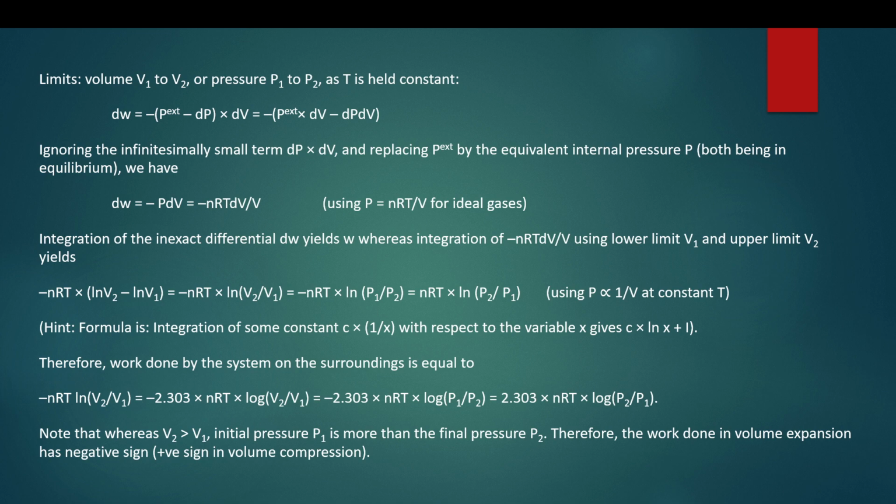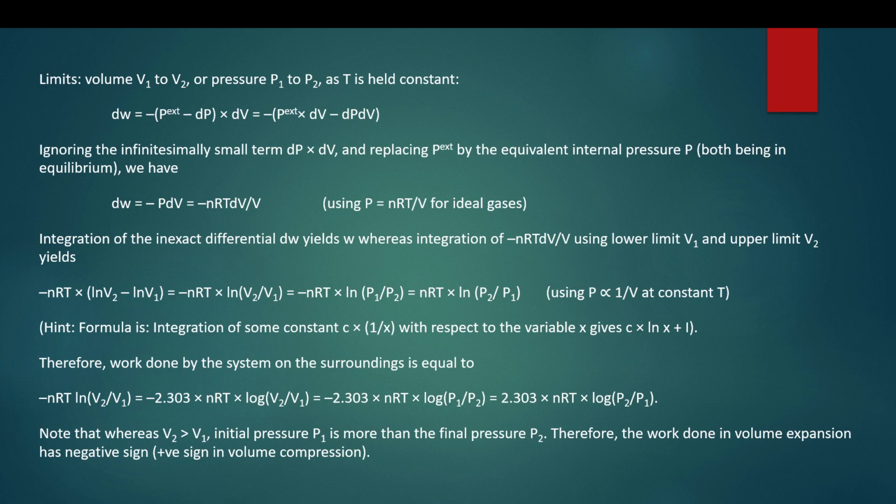Ignoring the infinitesimally small term dP dV and replacing P external by the equivalent internal pressure P, both being in equilibrium, we have dW equal to minus P dV, which can be written as minus nRT dV over V using the ideal gas equation.